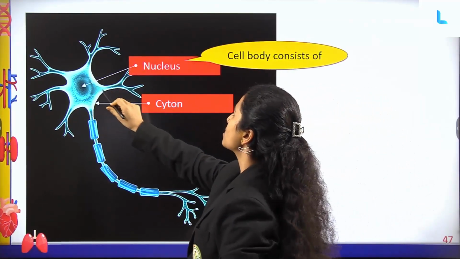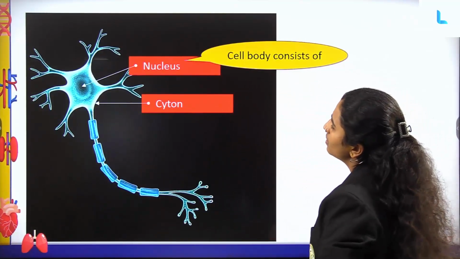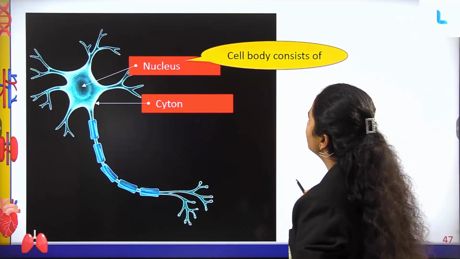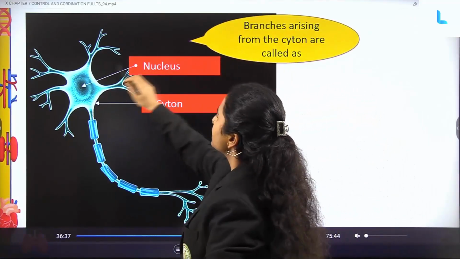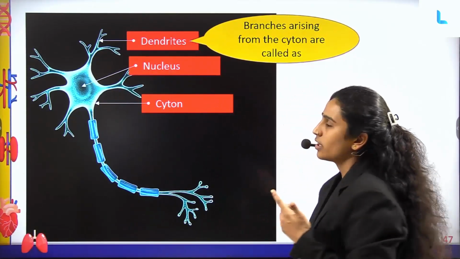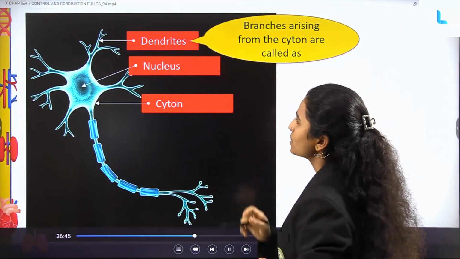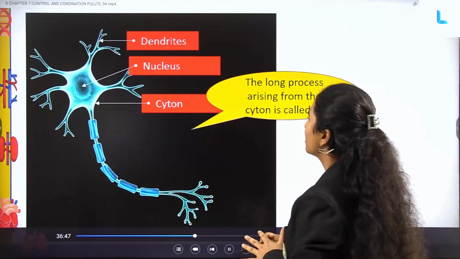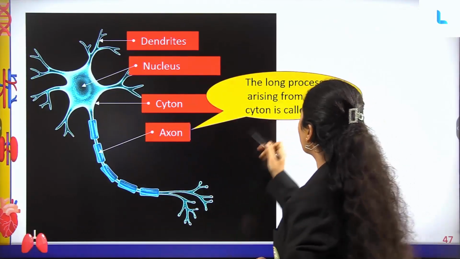This cyton consists of the nucleus at the center, and branches arising from the cyton called the dendrites. So cyton consists of nucleus and dendrites. These are the hair-like structures or the branches of the cyton.